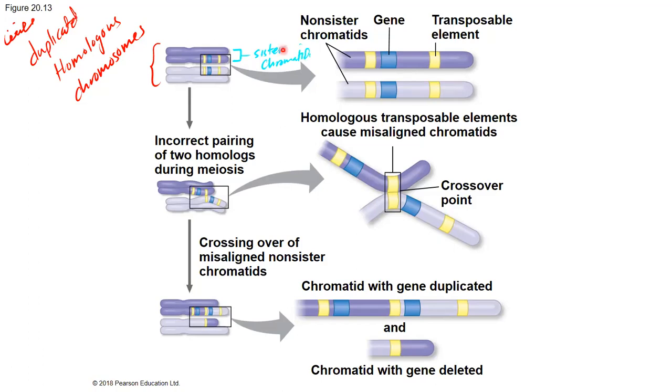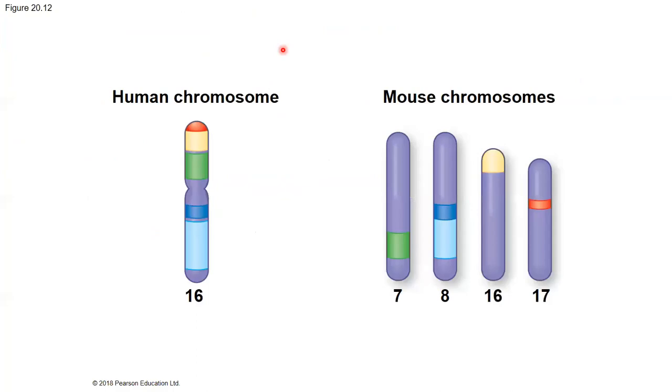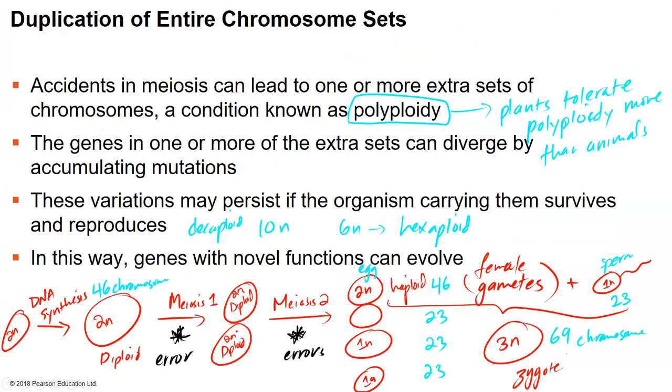Remember, in meiosis, we start with 46 chromosomes, 1 cell. After meiosis 1 and 2, we will end up with 4 cells, each one with 23 chromosomes.